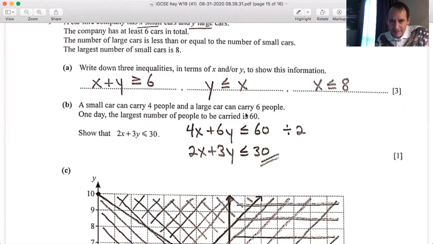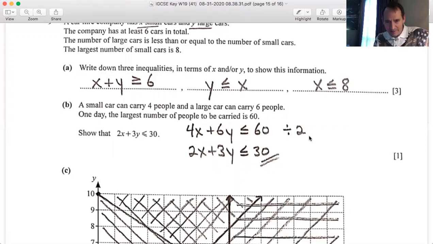And so you're maximizing with 60 people. This is the largest number. So 4 people for every small car, 6 people for every large car. This has to total less than or equal to, because it is the largest number of people to be carried. That means it could be less than 60 people.